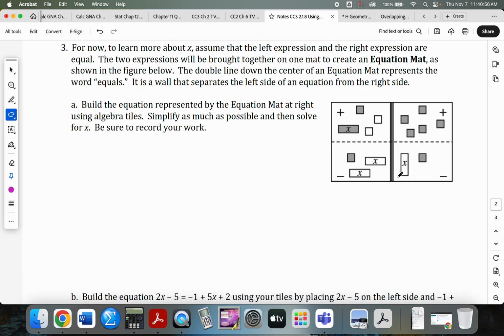Remember that on your paper, the colored in ones are positive, the empty ones are negative. Everybody good?